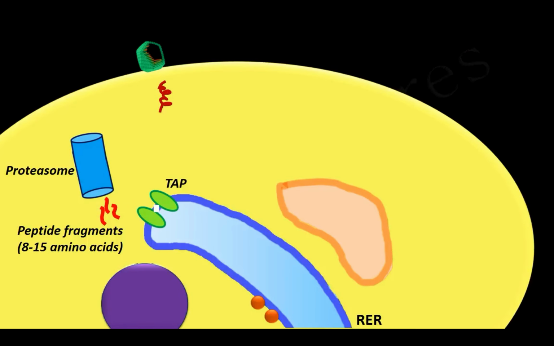The alpha chain and beta chain of the MHC class I molecule are synthesized and translocated into the endoplasmic reticulum. These chains are assembled together and a group of chaperone proteins bring this molecule near the TAP site. So, once the peptides have entered the endoplasmic reticulum, they bind to the MHC class I molecule in the peptide binding groove.